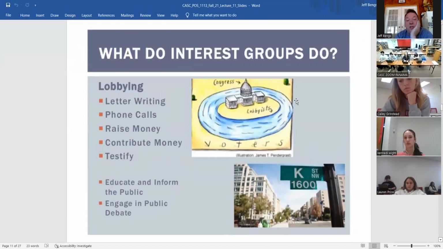What do these groups do? Well, they go to Congress and they lobby. They are lobbyists.